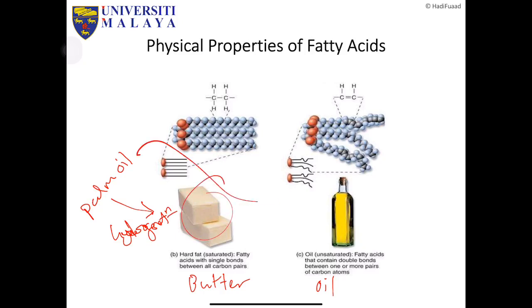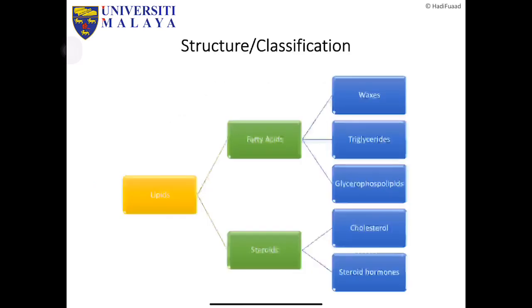But palm oil, just extracted palm oil, is an oil, because of this kink that is caused in the structure. So even though this structure is a triglyceride, the fatty acid is that. So it's almost a similar concept, even though they are slightly different.